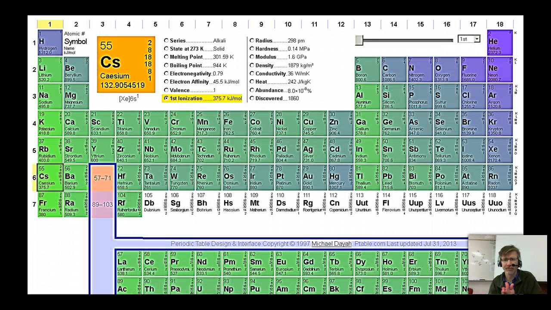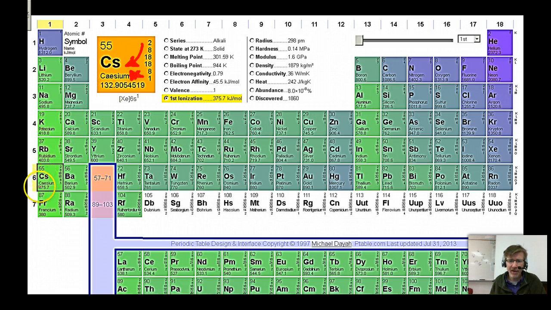So here's the chart. First, ionization. So once again, we've got some colors, and there seems to be a bluish color on the upper right, purplish bluish, and then a greenish bluish at the bottom left. So what I've done is I'm highlighting right now cesium. They have kind of a funny spelling, but that's okay.